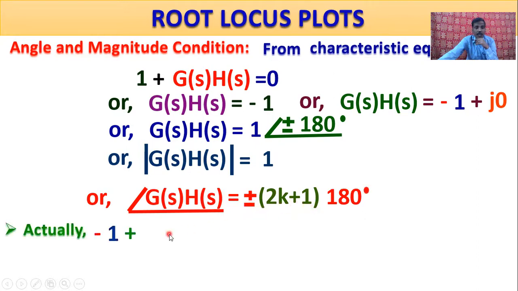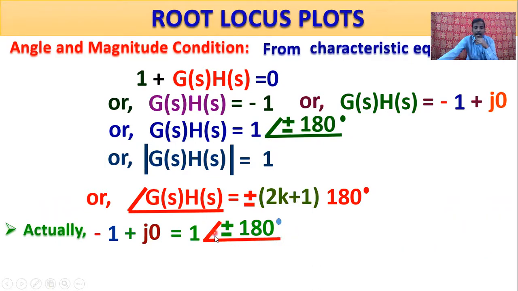Actually, the -1 + j0 point equals 1 at an angle of plus or minus 180 degrees. This is the formula.